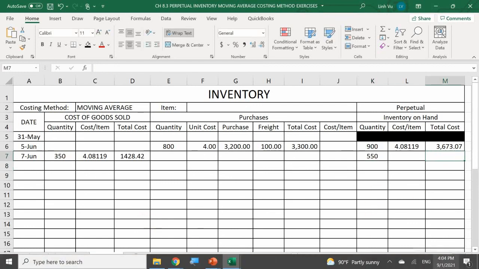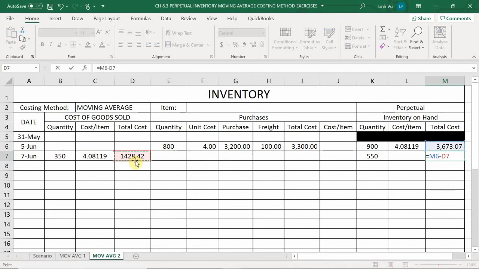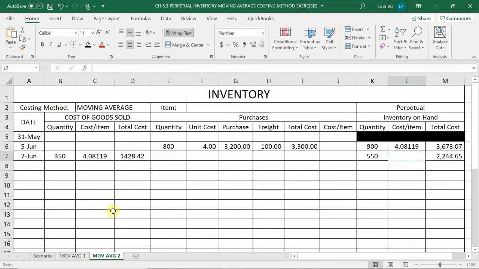What's my new total cost? $2,244.65. Good. Bringing my new average cost to be 4.08118. So that changed by a 10,000th of a penny again.